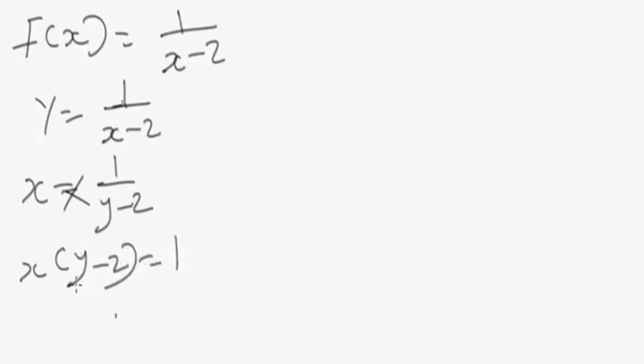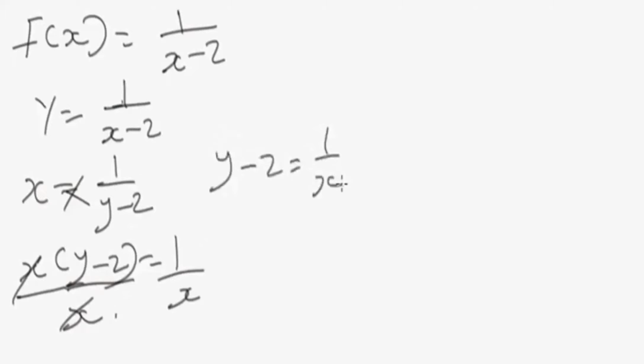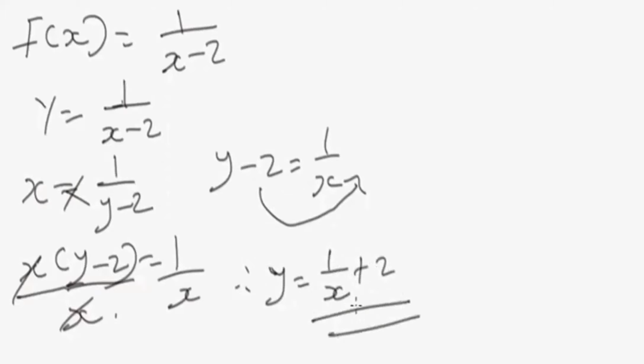So divide both sides by x. Once you do it, this x cancels out, and you'll be left with y minus 2 equals 1 over x. Then to make y the subject of the formula, this negative 2 crosses over and changes to plus. Therefore, our final answer will be y equals 1 over x plus 2. So this will be the inverse function.